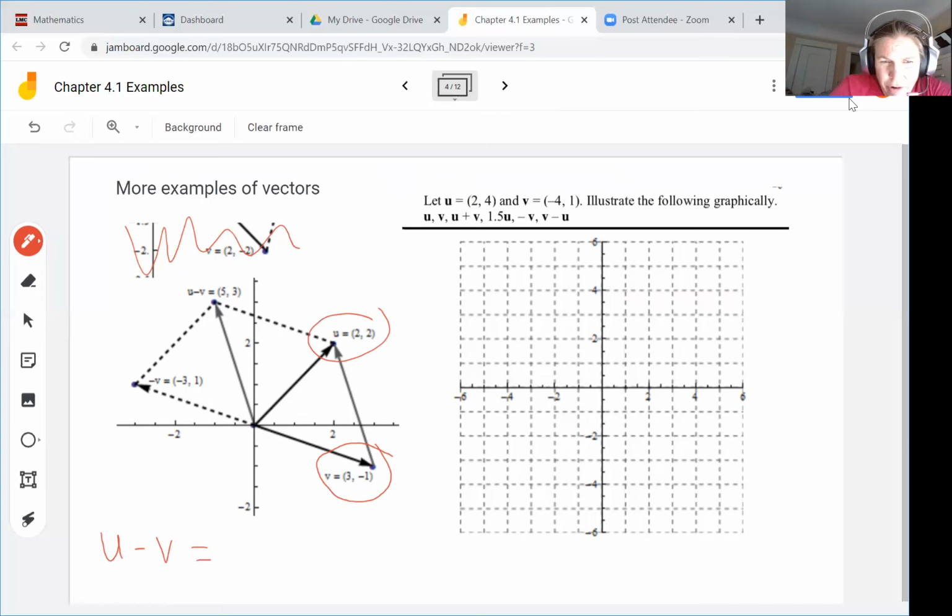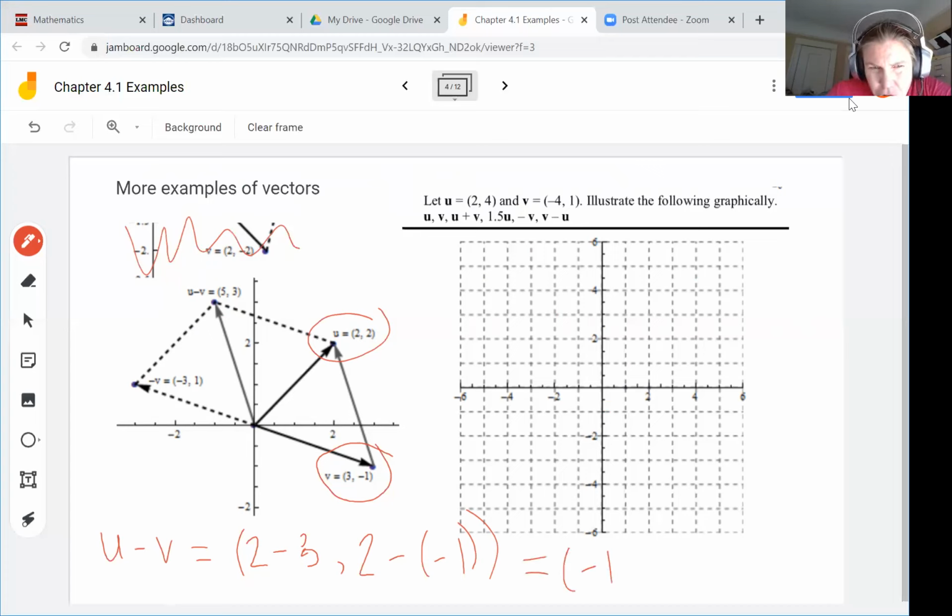those calculations are going to be 2 minus 3, and then 2 minus -1. So 2 minus 3, that should give us -1.